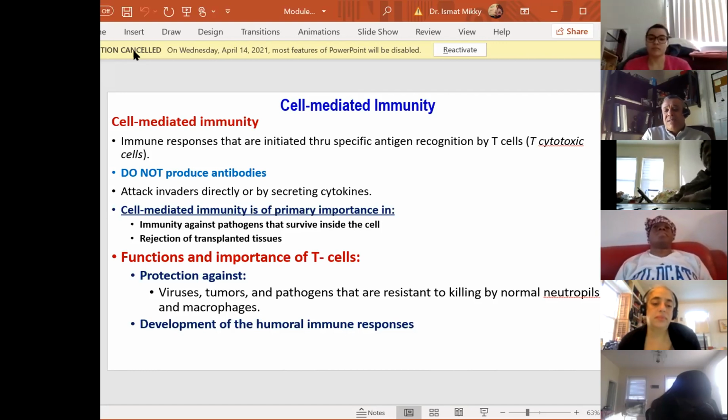So the T lymphocytes or T cells protect against viruses, tumors, neoplasms, pathogens, and they are also responsible for developing what is called the humoral immune response.